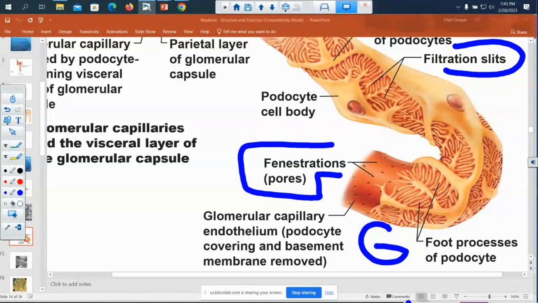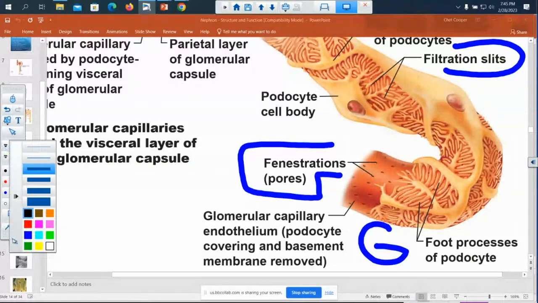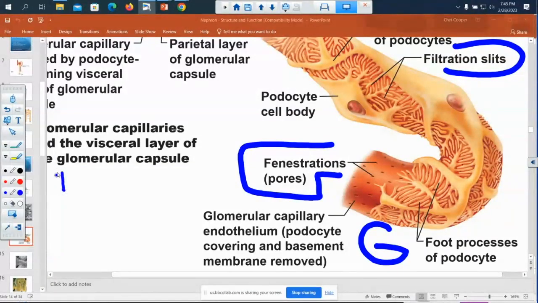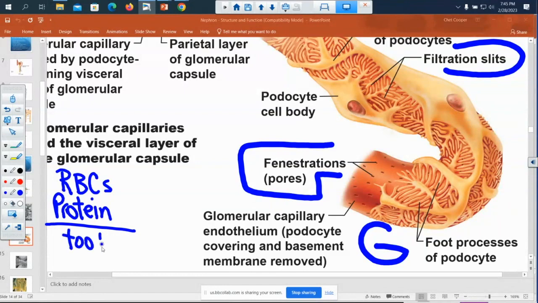What I haven't told you yet, but I want you to know, is this. Red blood cells and protein are too big to get out. They stay in the blood.